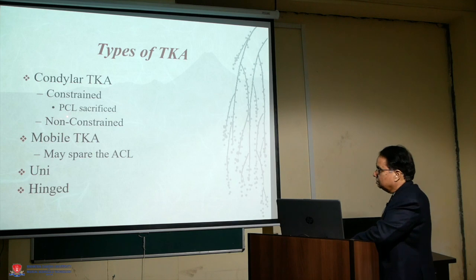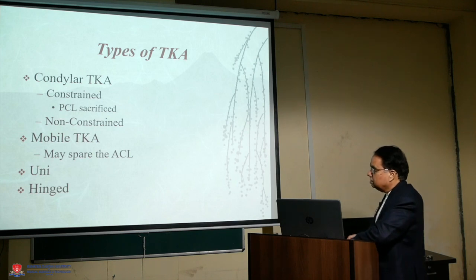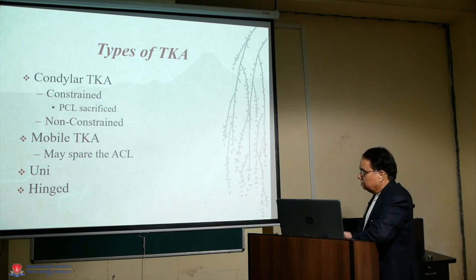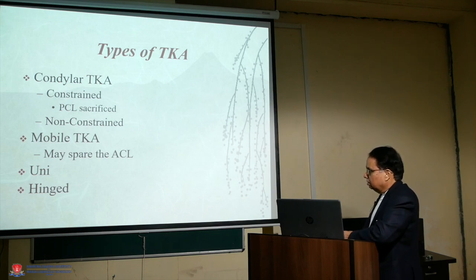Most of the time when there is a degenerative arthritis, it is a single compartment, in place of medial or lateral tibial condyle, only the medial compartment is degenerated, so for that we design unicompartmental.